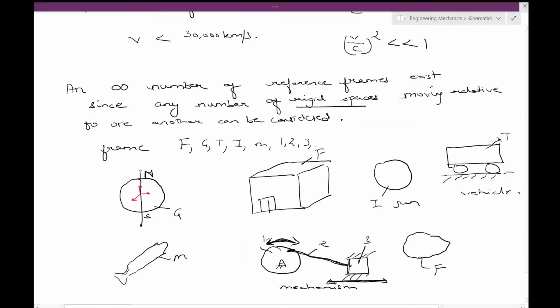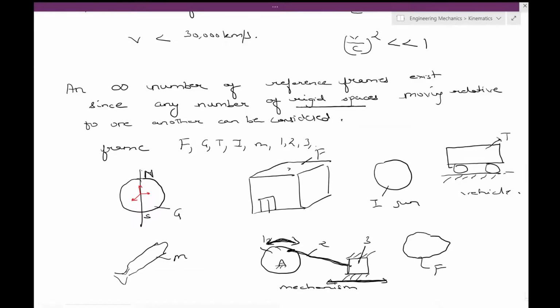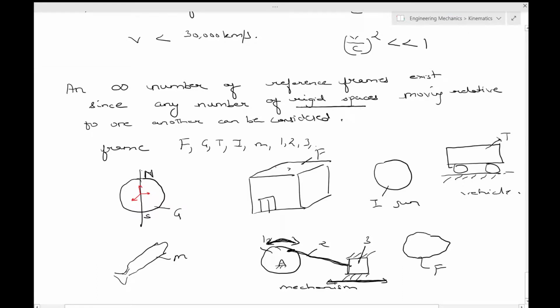For all the frames you have to have a coordinate system. Now I am not drawing it on the T, but you could have drawn it anywhere.